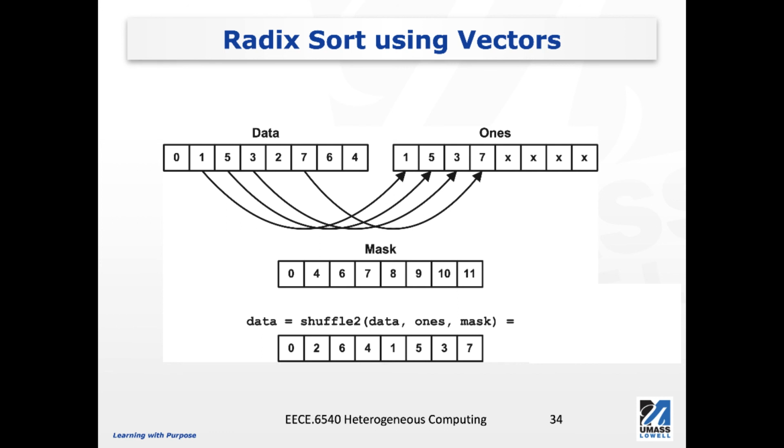So let's look at this example again. We actually saw this example earlier, but I want to use this example to explain how we go about sorting numbers in the kernel function we're going to explain. Let's say we have the numbers that we wanted to sort in this input vector data.